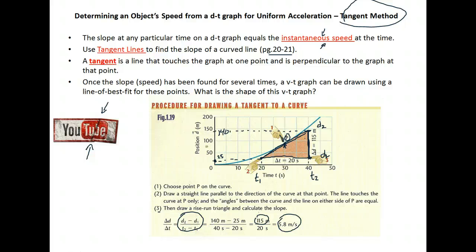So once the slope is found, we will have the speed at that very moment in time. So the question that comes up then is, what shape would you have if you went to plot a velocity time graph? So what I'm going to do is give you a stop now, and you should review this video clip, and then we'll move ahead with the other slides.